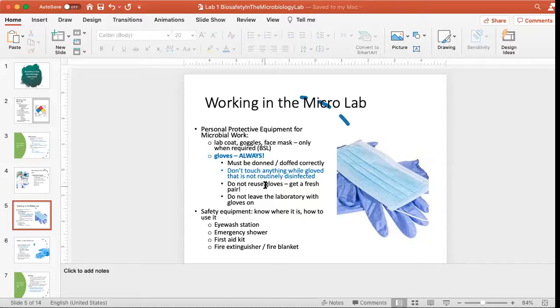Now, the other thing I've got listed here is don't reuse gloves. That's a terrible practice. If you need to take off a pair of gloves, because let's say you do need to touch something like your laptop, you don't ever put the same pair back on. You throw them out and you get a fresh pair.